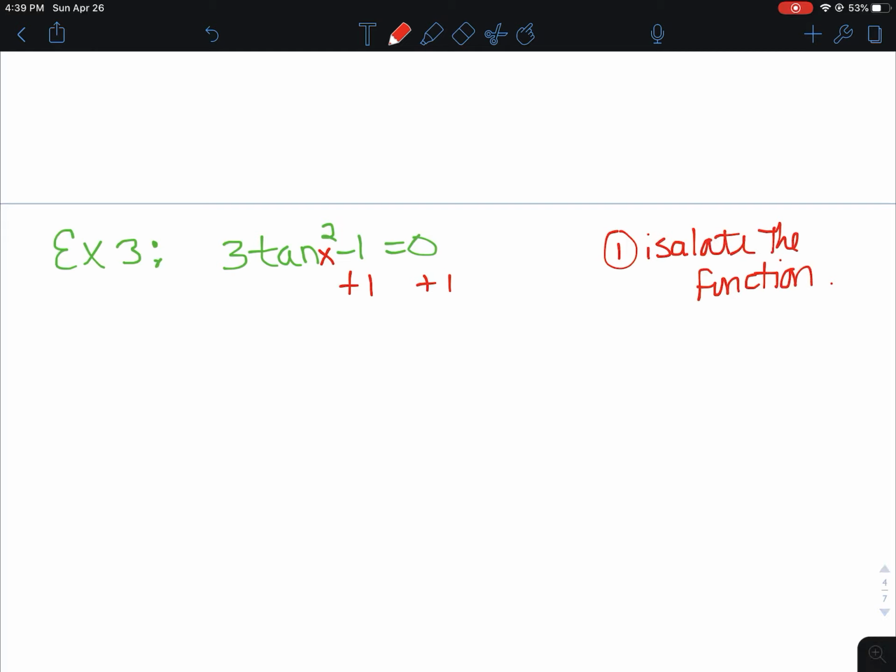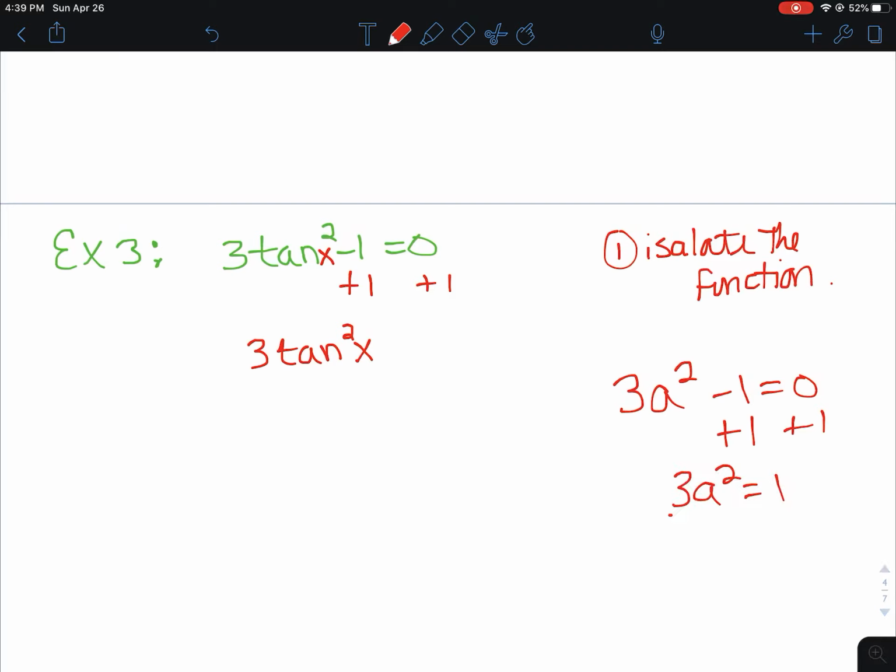So I'm always going to start by adding and subtracting stuff away. So 3 tangent squared x minus 1 equals 0, and this is the same thing as if I had the equation 3x squared minus 1 is equal to 0. Right, or I won't use x because that could get confusing. We have too many x's going on. 3a squared minus 1 is equal to 0.